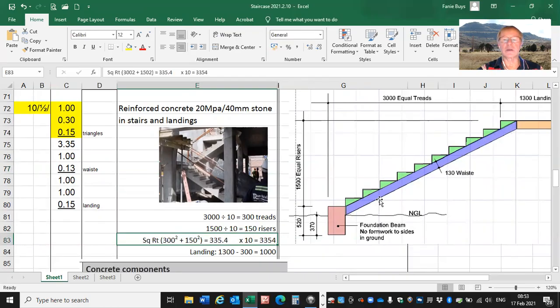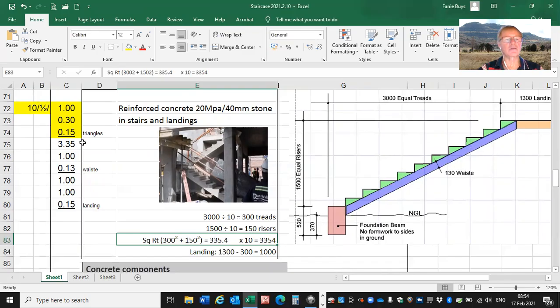So to get that slope length there is the square root of 300 squared plus 150 squared. And that gives us 335,4. That is that slope length there. And because there are 10 of them, the total length then of this blue part will be 3.35.